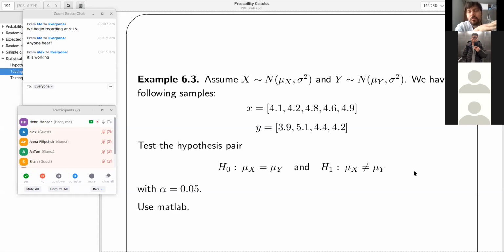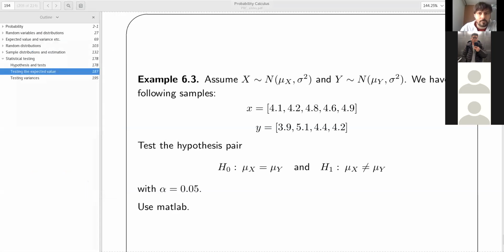And we have these samples X and Y, and we have to test the hypothesis pair of equality of the expected values. So let's do that now. We have time. So I'm going to start my MATLAB, and I'm going to show you there.